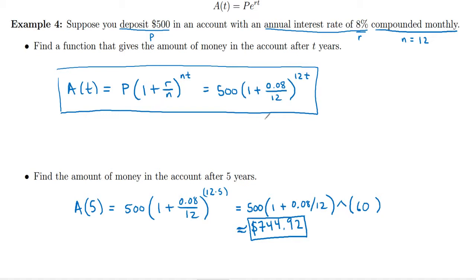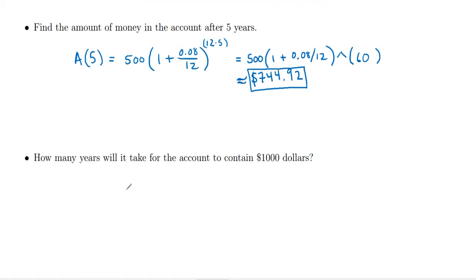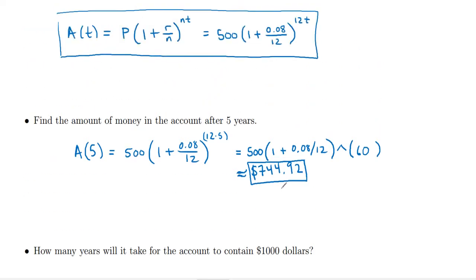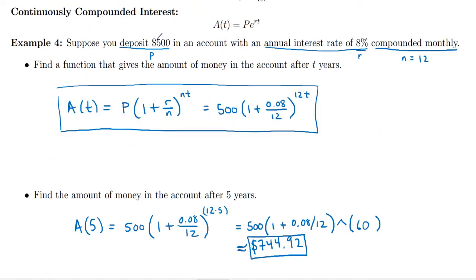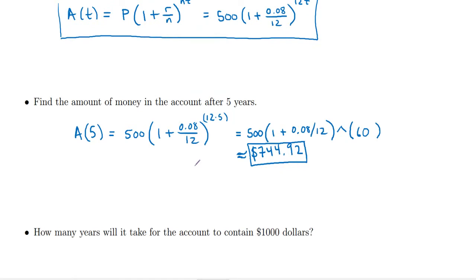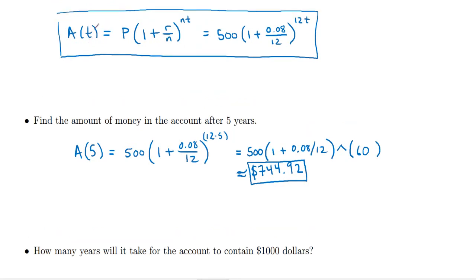The next question says, how many years will it take for the account to contain $1,000? So the initial investment was $500, but we're trying to figure out how many years it would take. You're trying to figure out t, right?